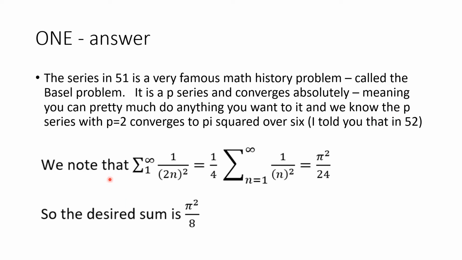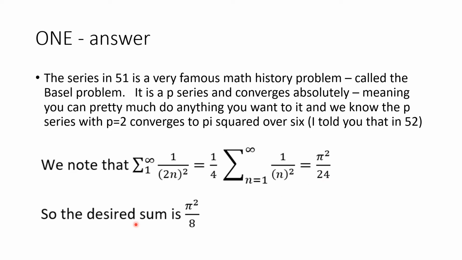Now, the key to doing this problem is to note that if you sum from 1 to infinity 1 over (2n) squared, the 4 can be factored out, so it's 1/4 times the Basel series itself, so it's 1/4 times pi squared over 6, and that ends up being pi squared over 24.